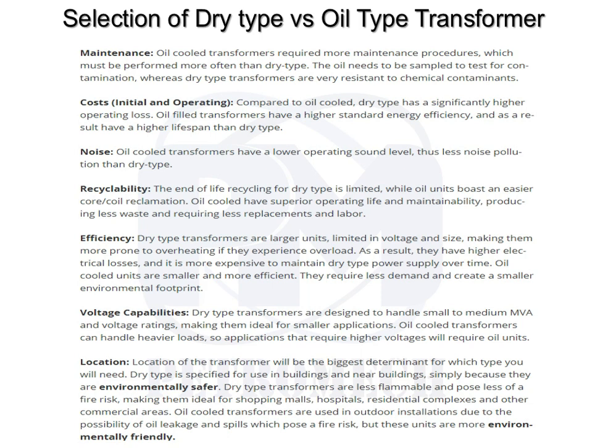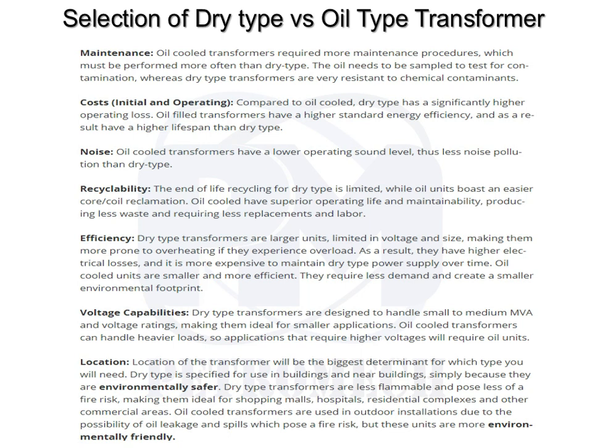If you select a bay of, let's say, 7 by 7 meters for a 3 MVA oil type transformer, it may or may not suffice if we opt for a dry type transformer at a later stage. That is one important aspect I wanted to highlight. We have to be very sure at the preliminary stage whether we go for dry type or oil type transformers.